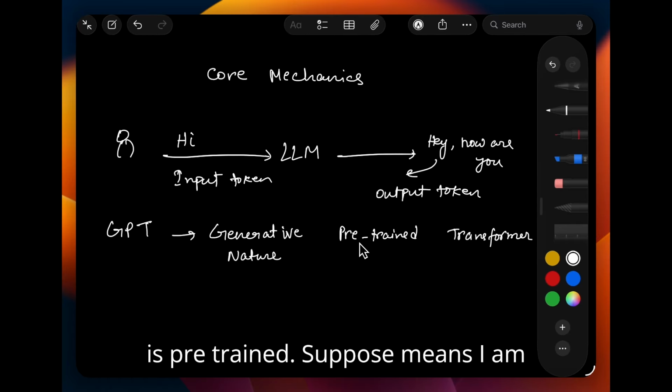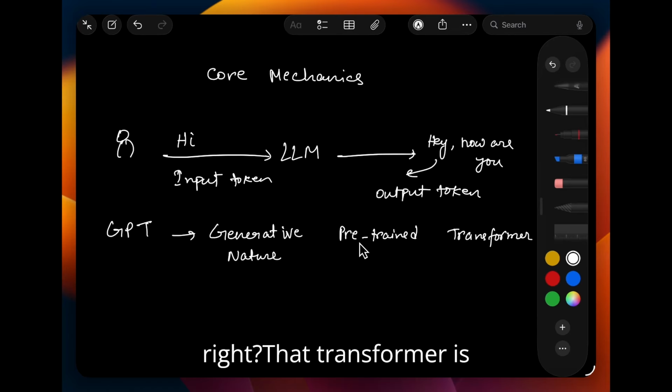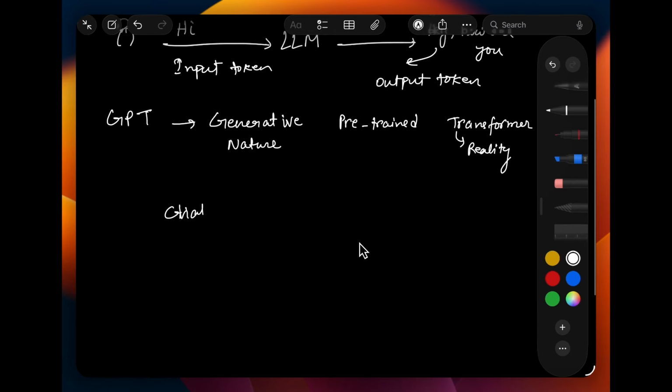I know what to say and what not to say, right? And a transformer is basically the model. So ChatGPT, GPT, or Gemini, or Mistral, any of these models are called transformers, right?